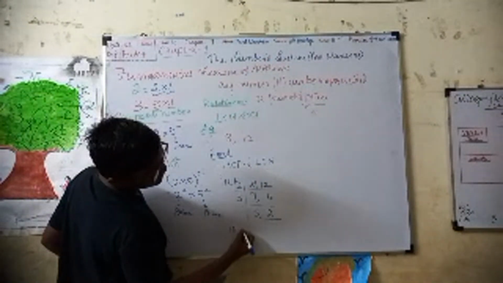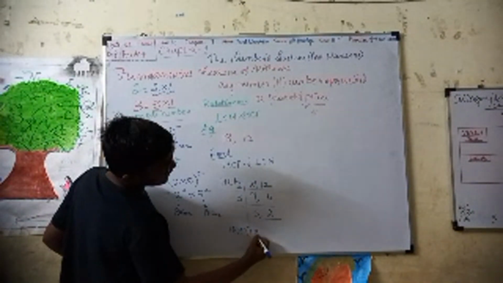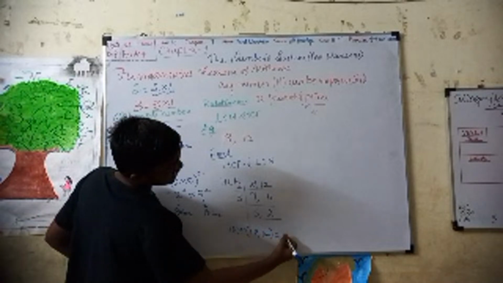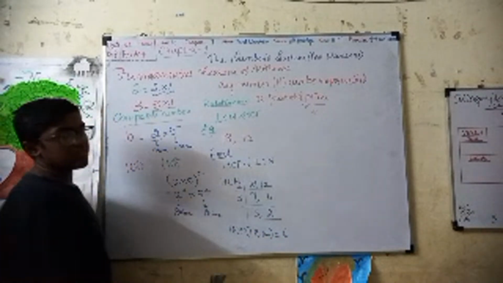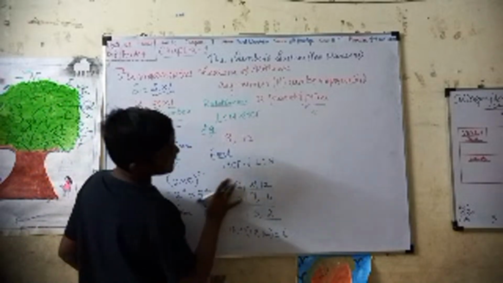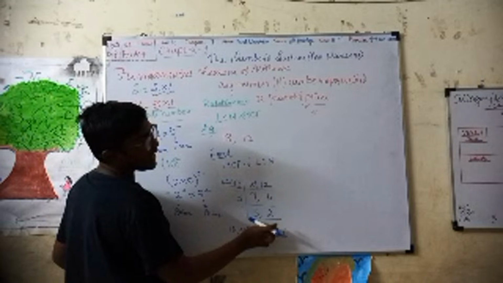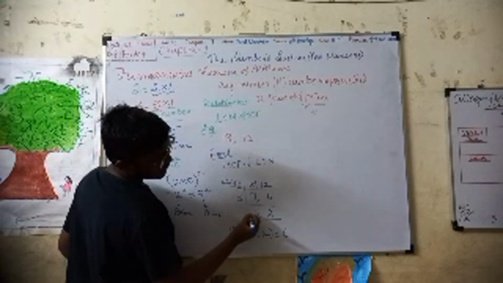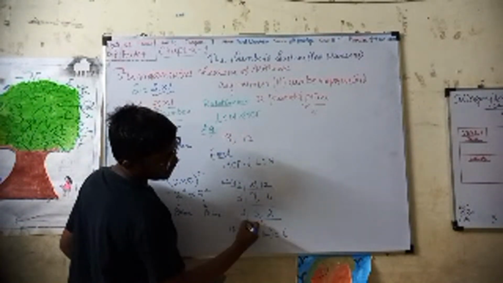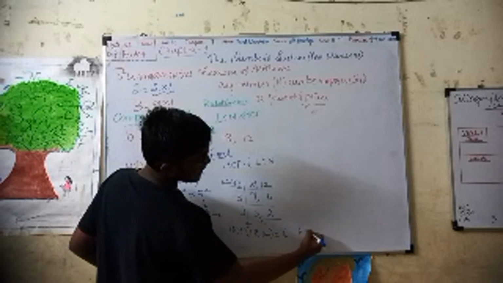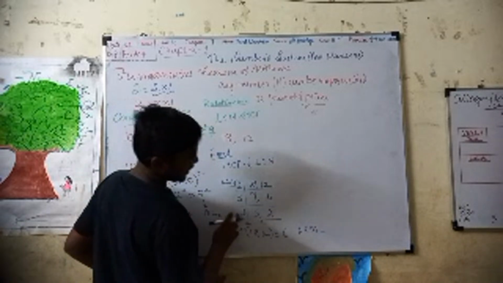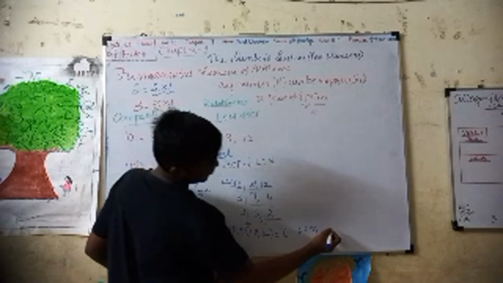So HCF of 18, 12 is 6, 2 3s are 6. LCM means the same, till we get 1. So 3, 2. So what is LCM? 3 2s are 6, so LCM is 36.